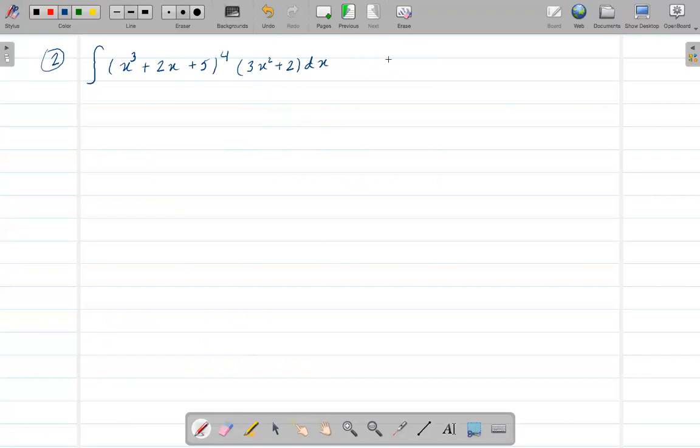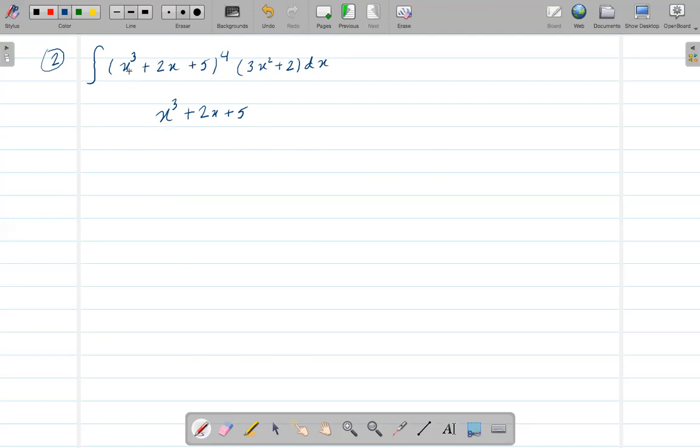But since I'm asking you to use substitution, there must be a way that we can use substitution. Here we have this whole thing, x to the power 3 plus 2x plus 5, right?